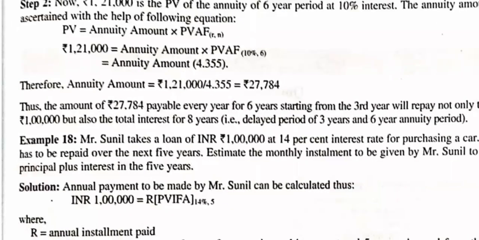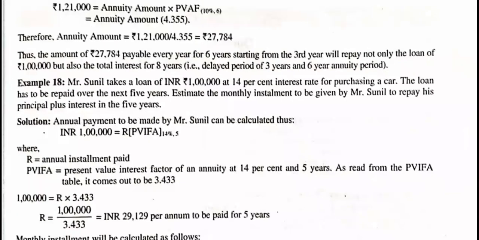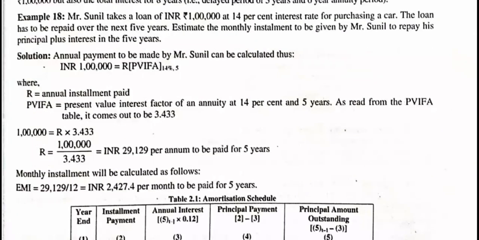Let me take one more example to solve for annuity value. All of you pay your attention to this problem. Mr. Sunil takes a loan of rupees 1 lakh at 14% interest for purchasing a car. The loan has to be repaid over the next 5 years.